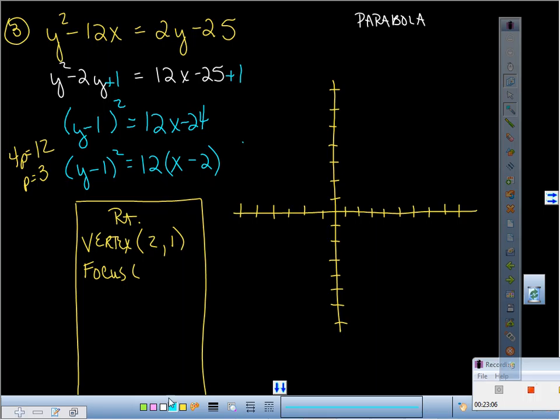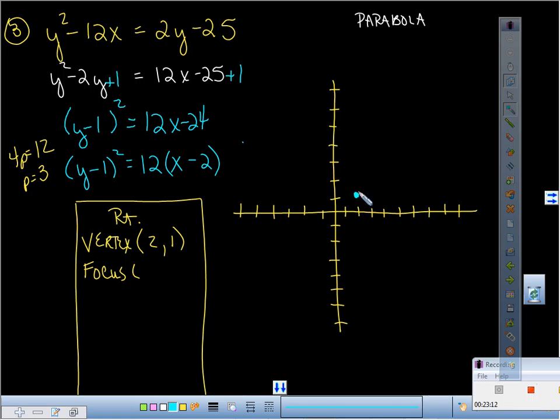So here's what I'm going to do. I'm going to graph the vertex. It's at 2, 1. Now this parabola is opening to the right. I know that the focus goes inside the parabola. So is the focus to the right of the vertex or the left? Look at the picture on your sheet, or look at the one up there on the board.